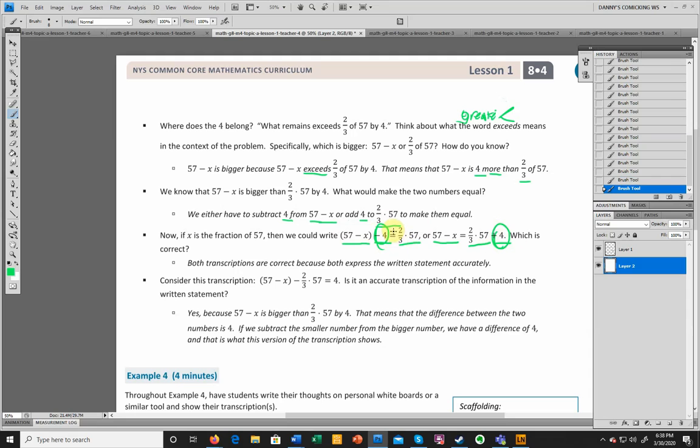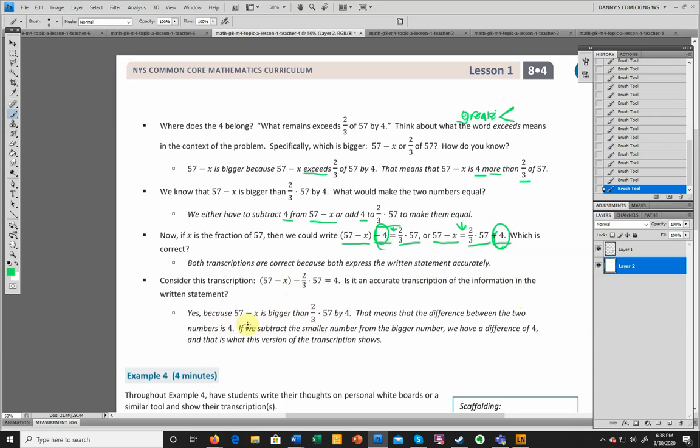Remember, your equal sign always separates the sides of your equation. Both transcriptions are correct because both express the written statement accurately. Consider this transcription: 57 minus x minus 2/3 times 57 equals 4. Is it an accurate transcription of the information written?